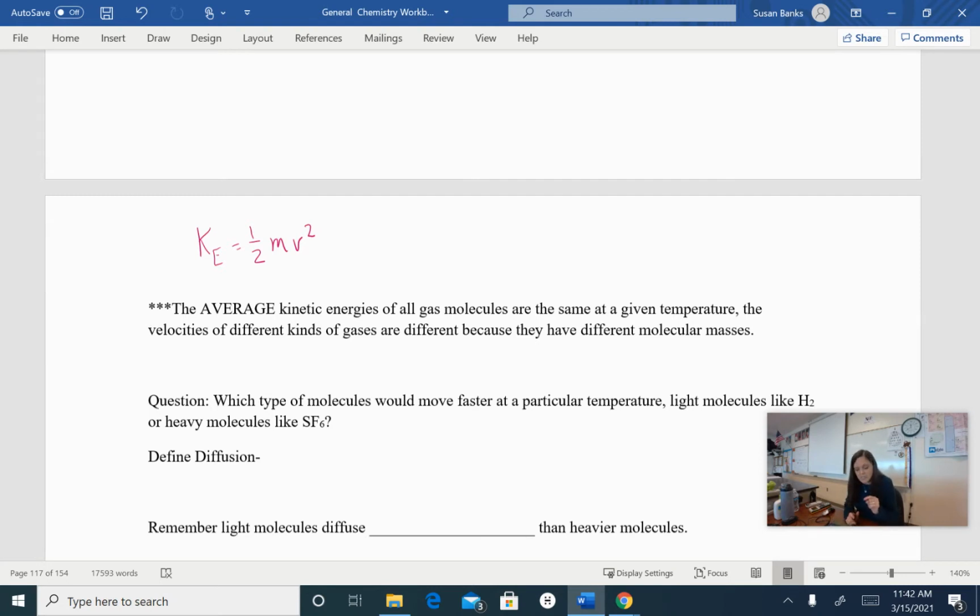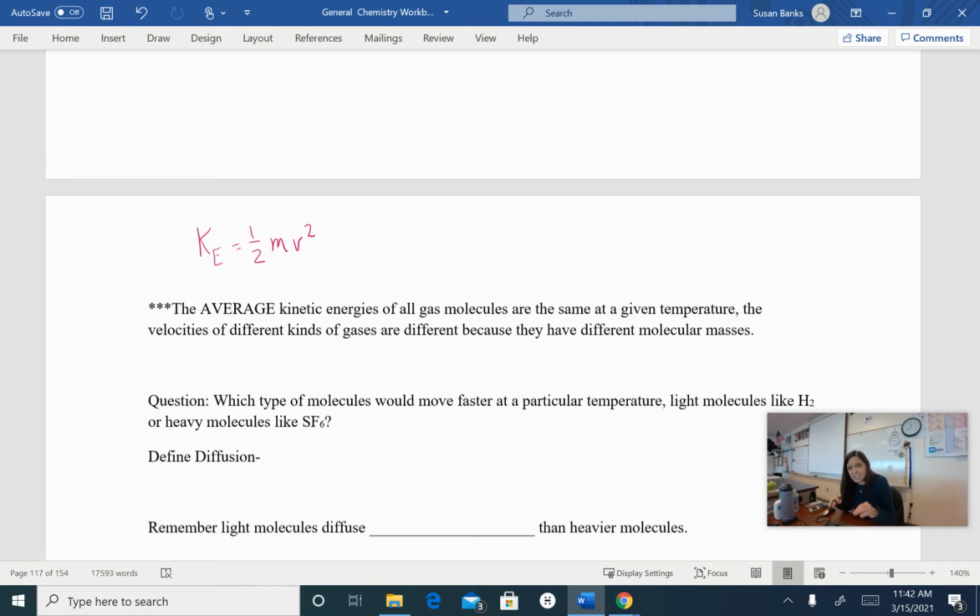The average kinetic energy of all gas molecules at the same temperature are the same. So the average temperature equals the same average kinetic energy, whether that molecule is really big or really small. So think about that monster truck versus that smaller truck.